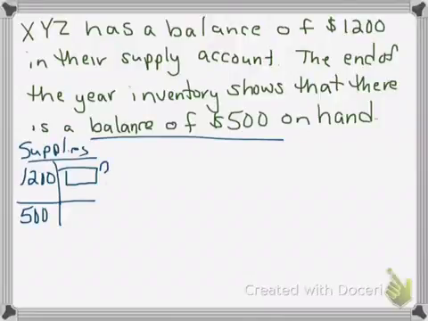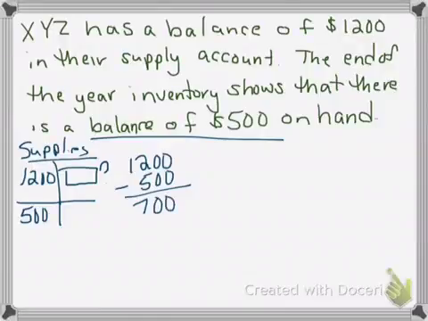And the way we find this journal entry amount, because they're both on that debit side, is we look at the $1,200 minus the $500, and that is going to give us $700. Okay? And so what we see with this amount here is that this is what our journal entry is actually going to be.